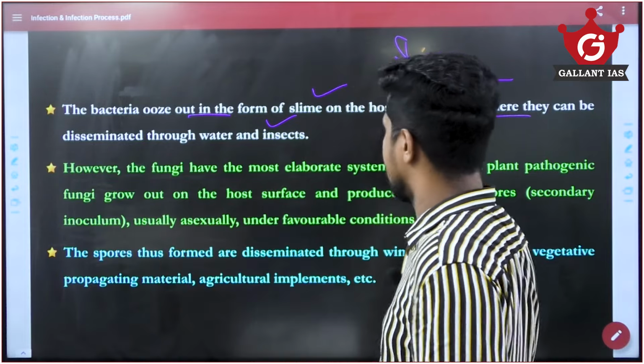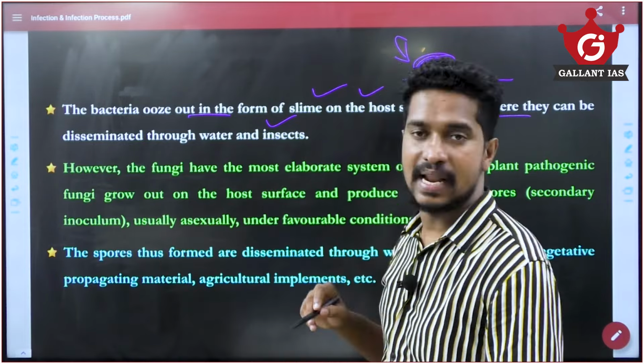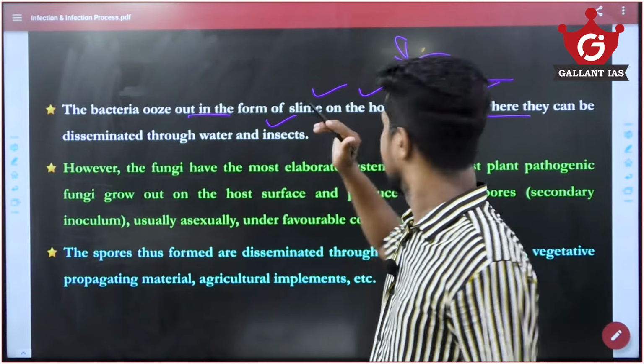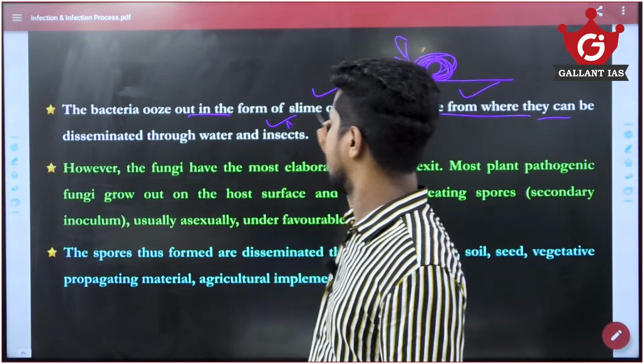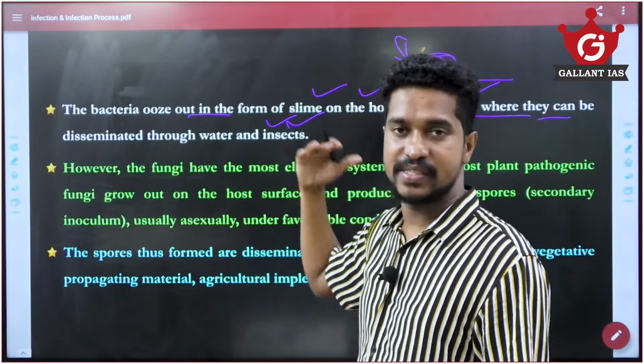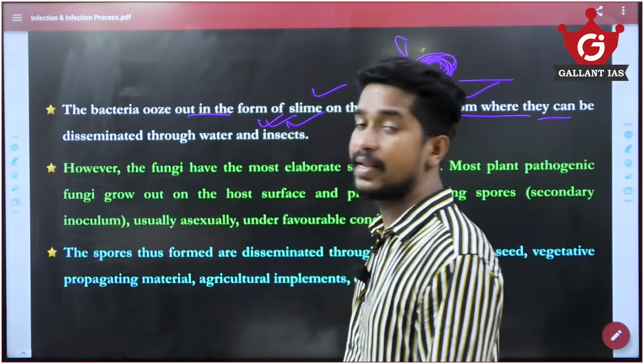During the exit, they form slime-like structures on the surface of the host, and these slimes are disseminated through water and insects.